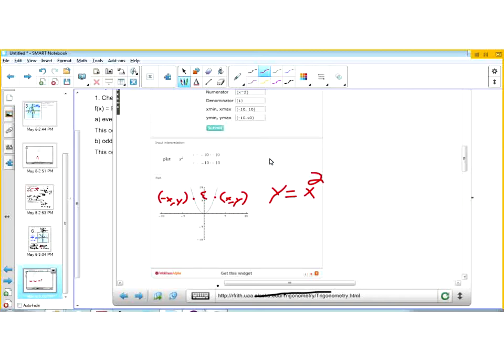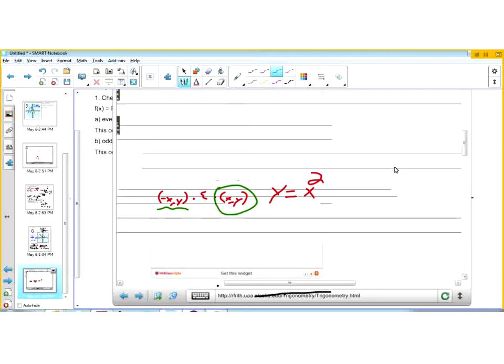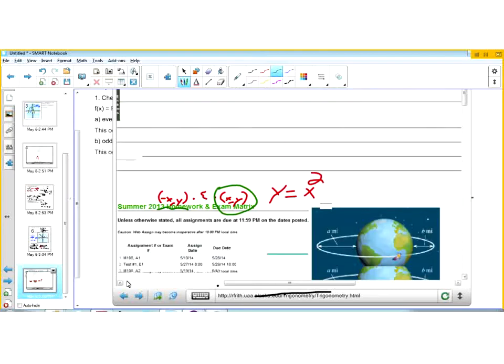So this is a property of graphs with even symmetry. The utility of even symmetry when drawing graphs is if you can calculate this point, if you go through some rather complex calculations to get the coordinates of this point, then you don't have to calculate the coordinates of this point. You automatically know that you just negate the abscissa, reuse the ordinate, and this point is plotted. So half the work is already done. So there is a tremendous advantage in knowing whether a function is even or not when it comes to graphing.